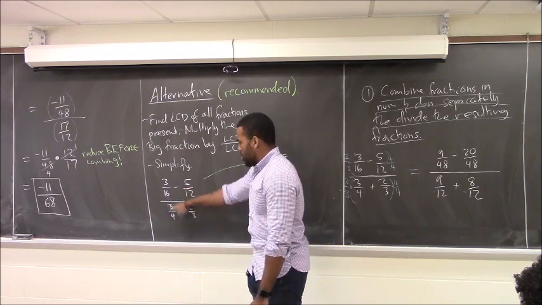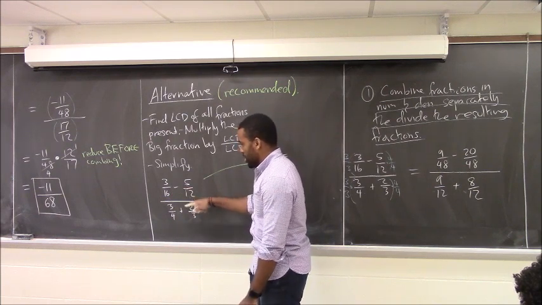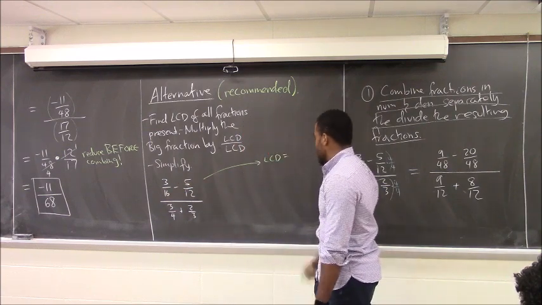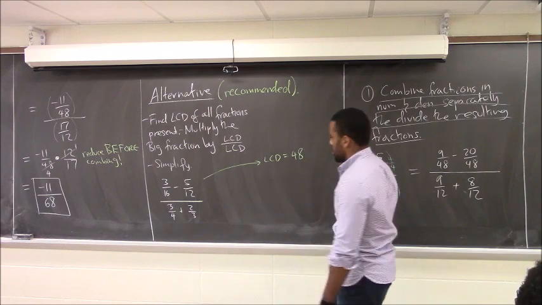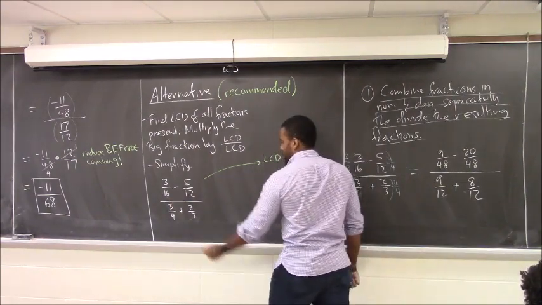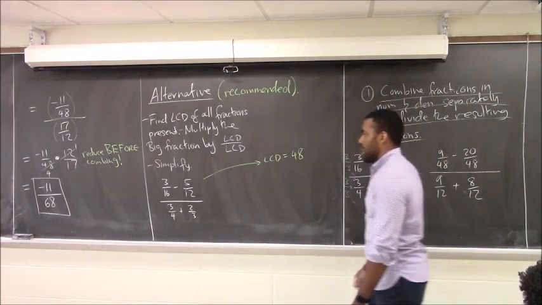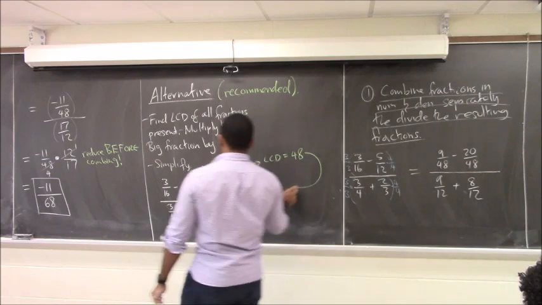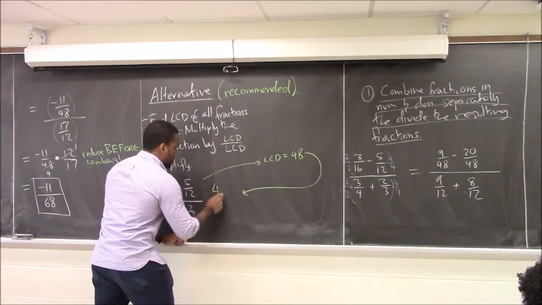Now it turns out 4 and 3 go into 12 and 16 and 48 already. So 48 is still the LCD here. That's the smallest number that these two will divide into, and the 4 and the 3 automatically divide into that.